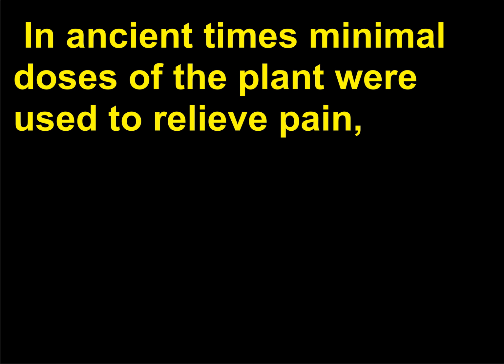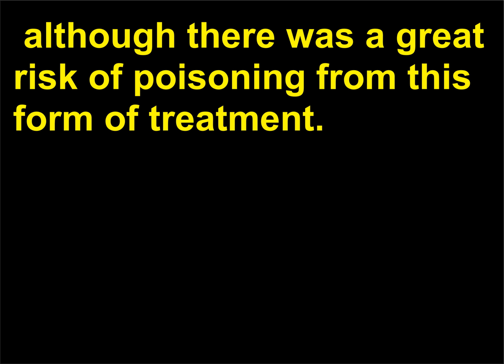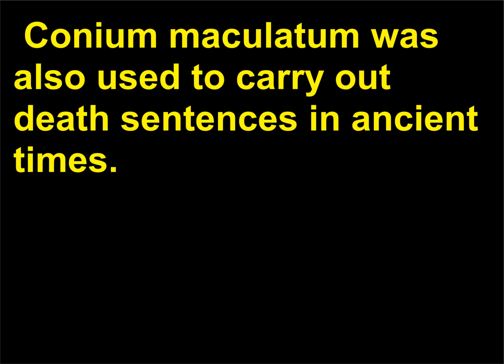In ancient times minimal doses of the plant were used to relieve pain, although there was a great risk of poisoning from this form of treatment. Conium maculatum was also used to carry out death sentences in ancient times.